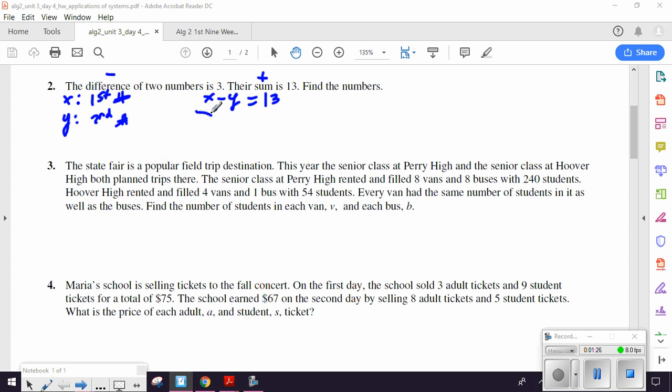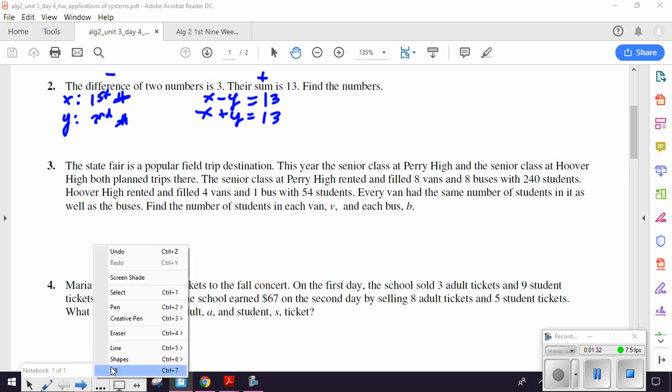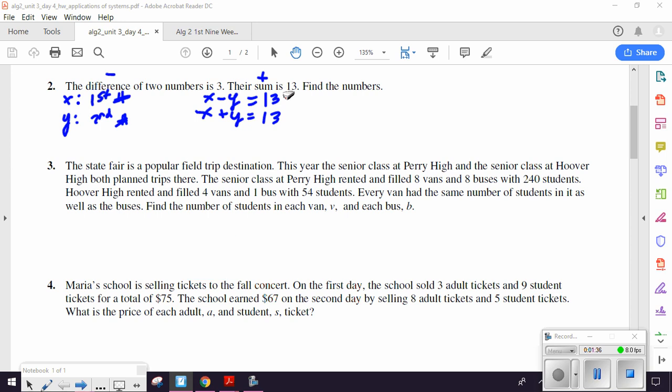So that means x plus y is 13. Sorry, I messed that up. The difference was 3. So there's your system. And for number 2, all you have to do is write the system. You don't have to solve it.